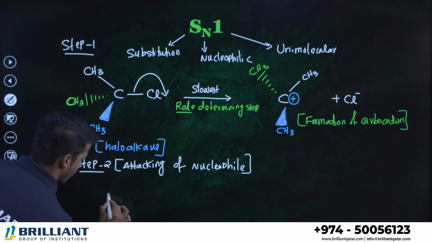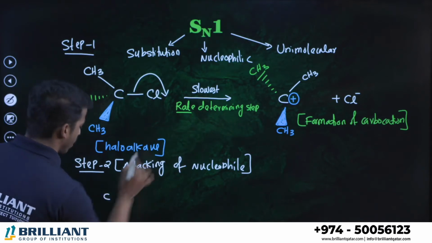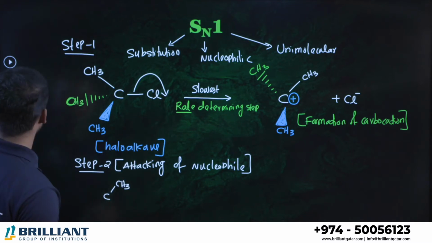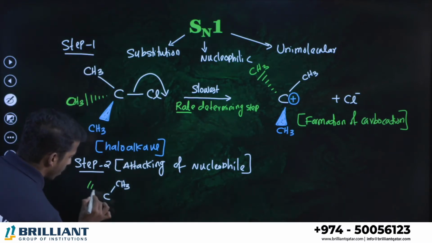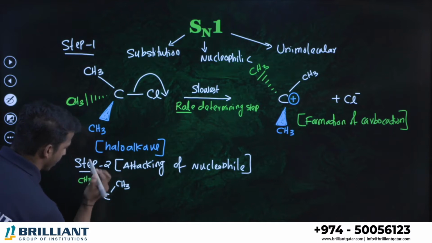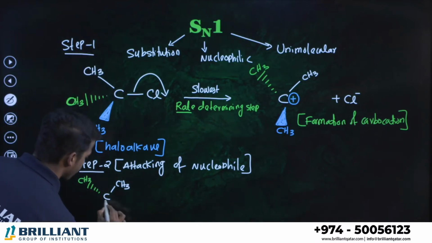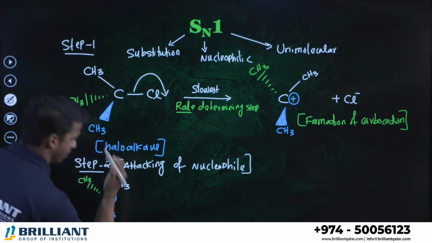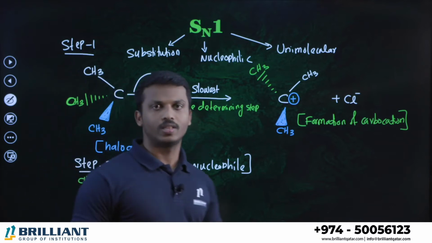The carbon contains a CH3 group, another CH3 group on the dashed wedge, and another CH3 group on the solid wedge. What is the charge on this carbon? Positive charge.